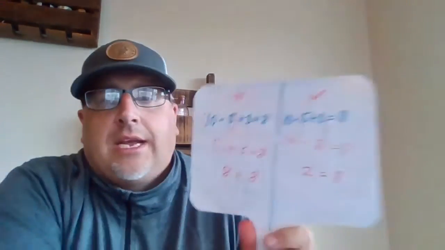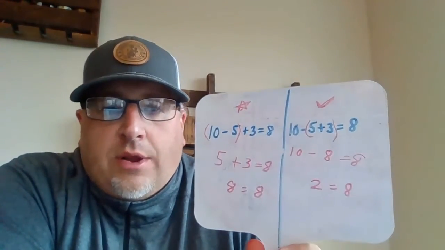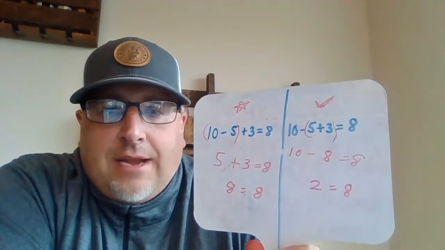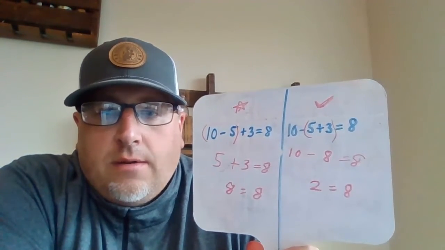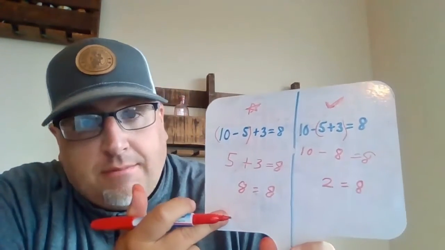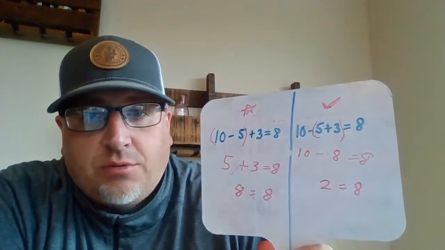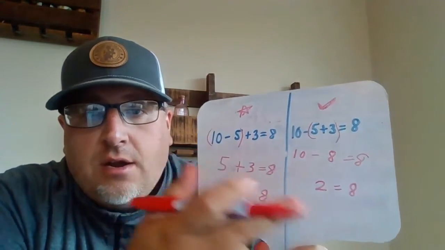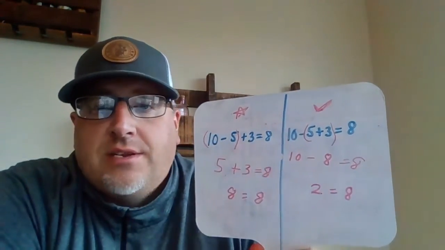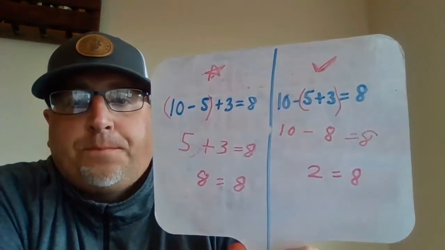The statement is not true. So we cannot use the parentheses in that statement at all. It will not work. Okay? The first statement works, 10 minus 5 plus 3. Putting the parentheses there. Putting the parentheses around 5 plus 3 does not work. Okay? Awesome job. Let's tackle one more of these problems.